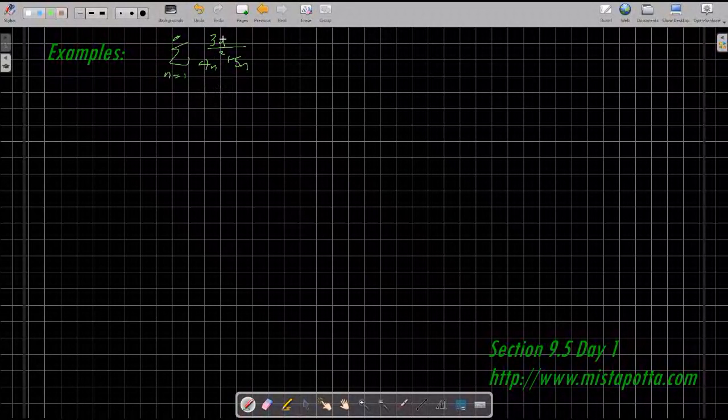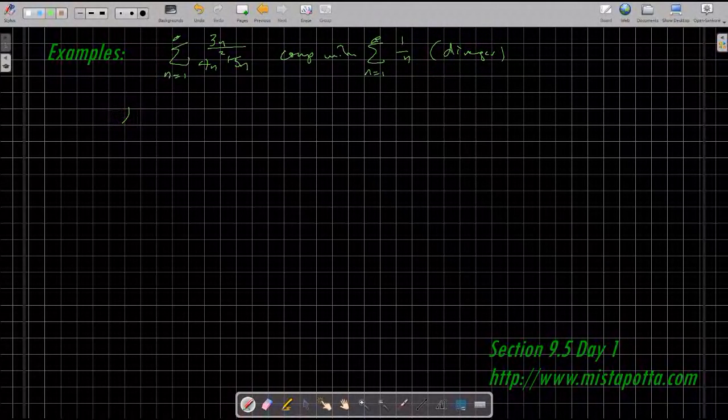I see an n in the numerator, and I see n squared in the denominator. So I'm going to compare with the sum of 1 over n as n goes from 1 to infinity, because it has the same idea for the degree breakdown. The degree of the numerator divided by the degree of the denominator is 1 over n. But I know that this diverges.